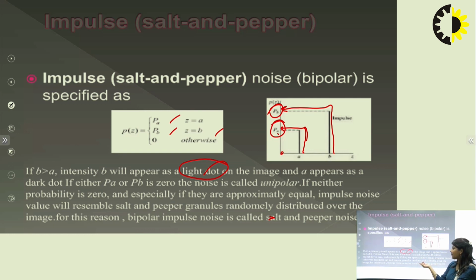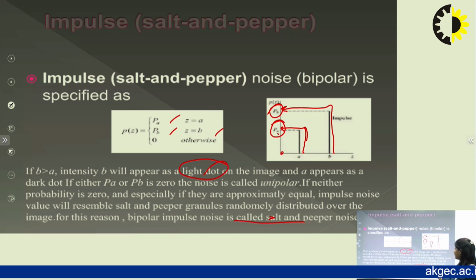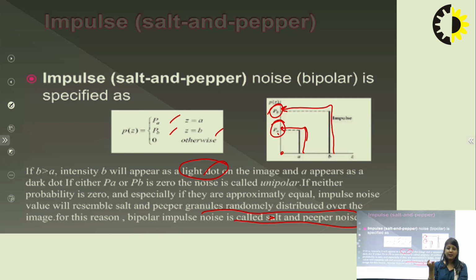For this reason, bipolar impulse noise is called salt and pepper noise. The name suggests it: like salt and pepper in the form of dots. When this kind of noise is inserted, we get dots in the image, called salt and pepper dots. Salt means light dot and pepper means dark dot. Fine.